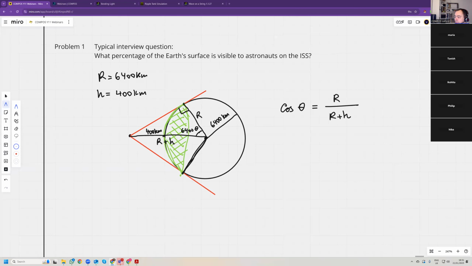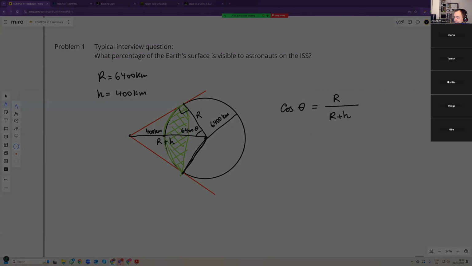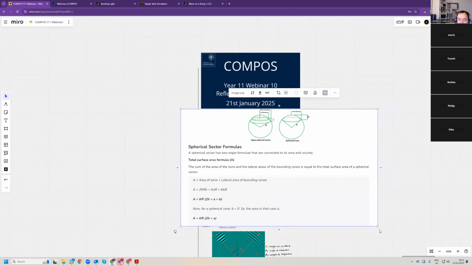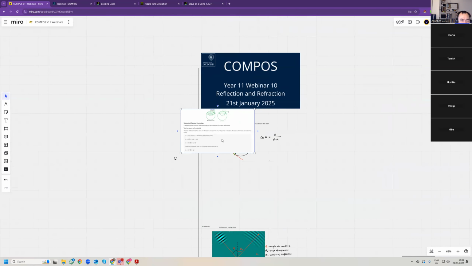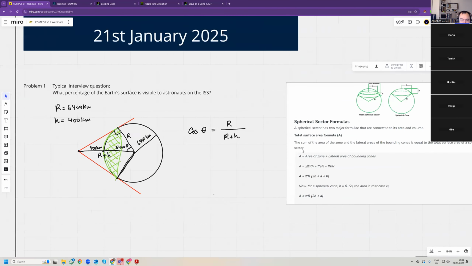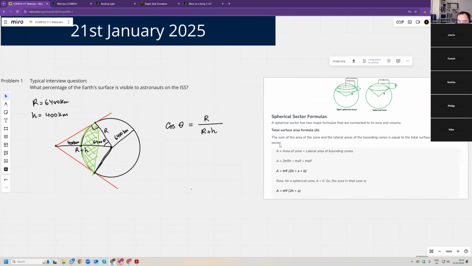Oh, we don't need the volume, we need the area. Oh, okay. That makes sense. We can take the area. Yeah, I don't remember all the formulas. So you want the area of this section of the sphere, and the area is given by this formula.